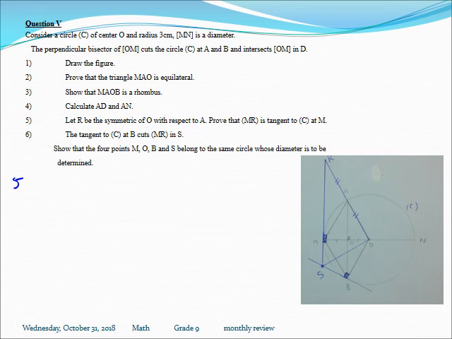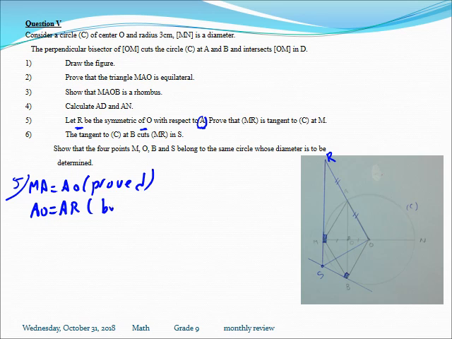Number 5. Let R be the symmetric of O with respect to A. So A is the midpoint of RO. Prove that MR is tangent to C. MA equals AO, proved. AO equals AR by symmetry.